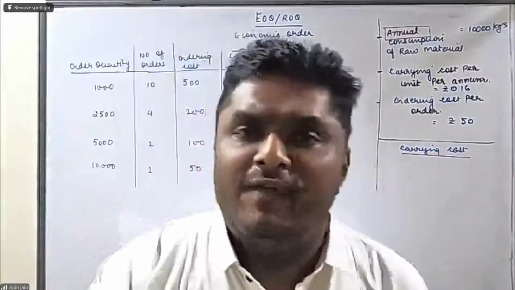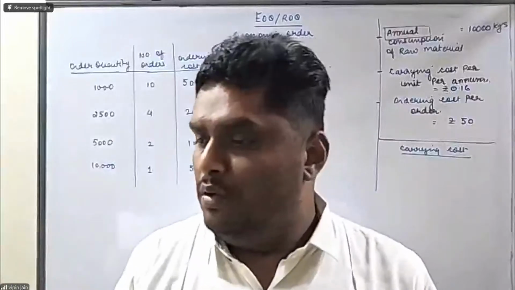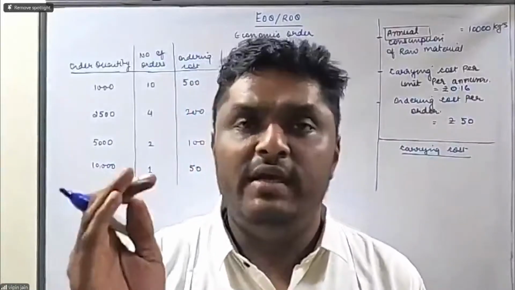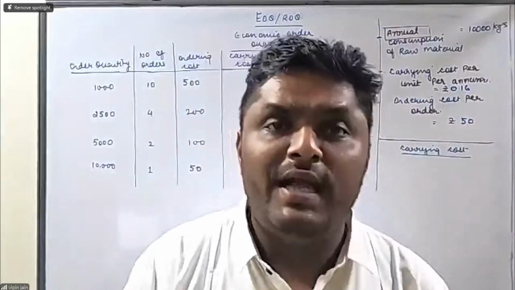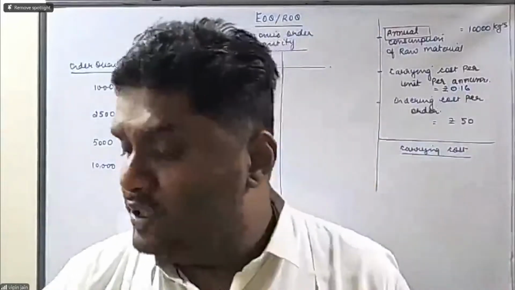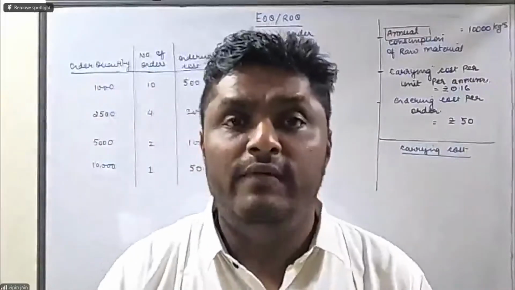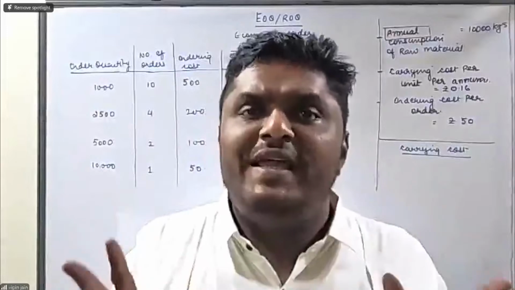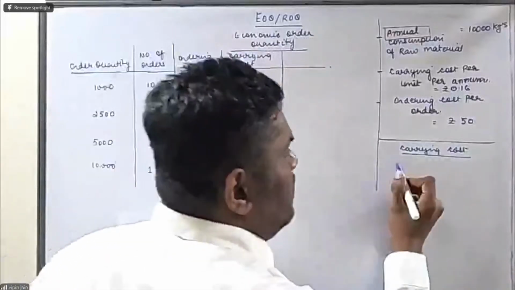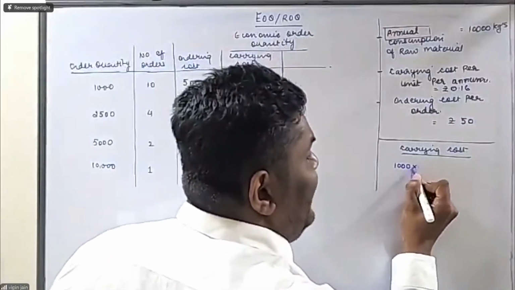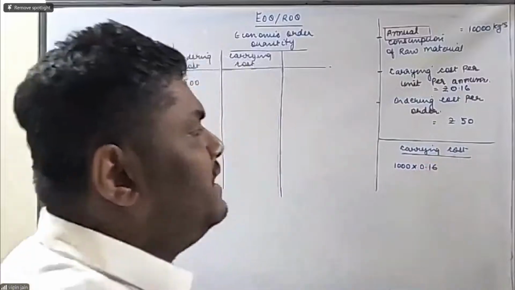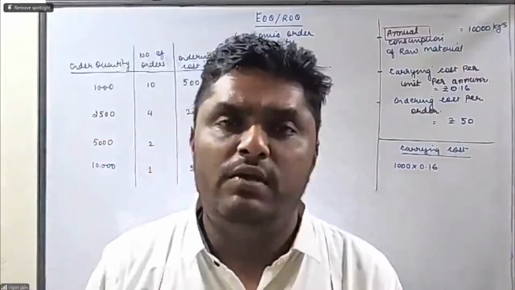Suppose we order 1,000 units in one go. Guys, do pay attention to what I'm teaching. As soon as we receive these 1,000 units, our carrying cost will be incurred at 16 paisa per unit per annum on 1,000 units.